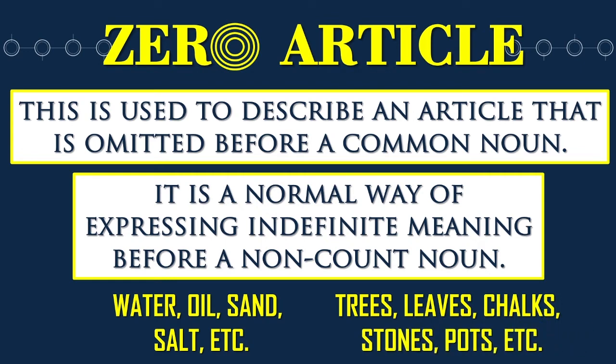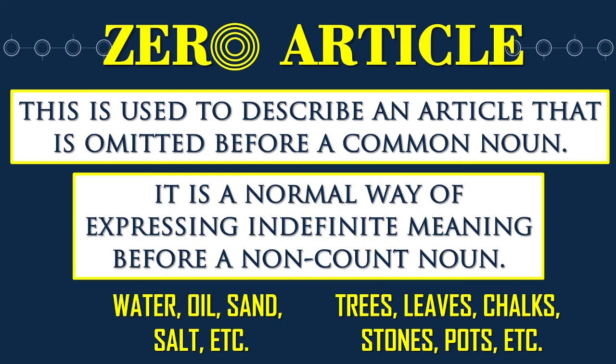So what we are saying in essence is that the zero article is used to describe an article that is omitted before a common noun. It is the normal way of expressing indefinite meaning before a non-count noun like water, oil, sand, salt, and the likes, or before a plural count noun like trees, leaves, chalks, stones, pots, and so on.